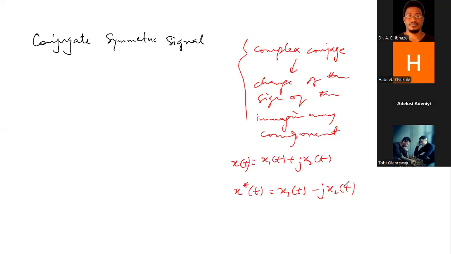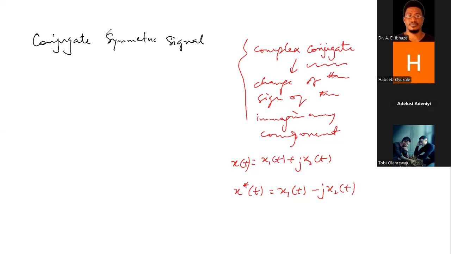Now, if that is clear, then what is a conjugate symmetric signal? We already know what it means when we say conjugate. When we see the word conjugate, we know the sign of the imaginary component is going to change, but now we are talking about symmetry.